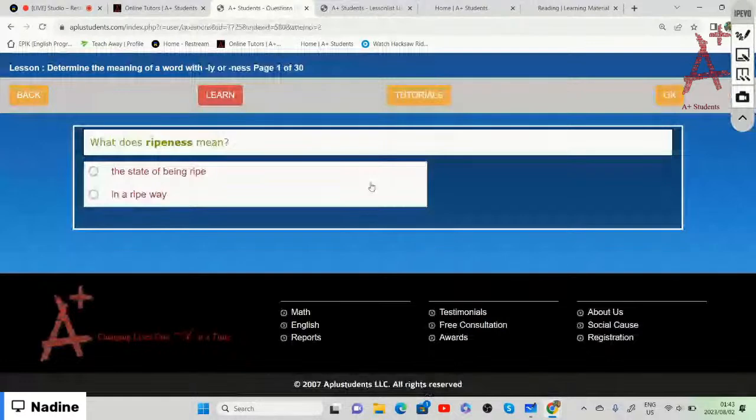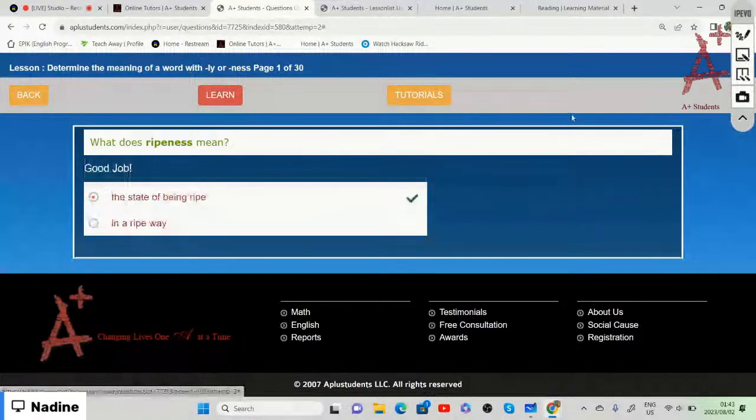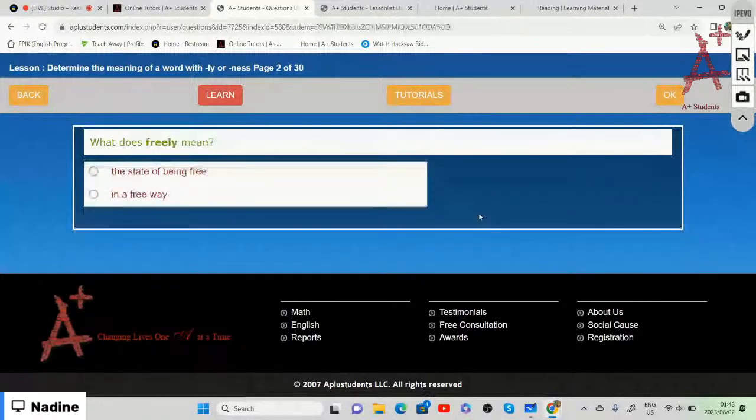All right, so if we choose the word ripeness, then we can say ripeness is the state of being ripe, because ness means the state of being.